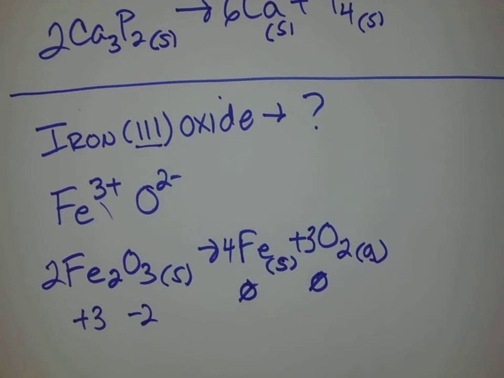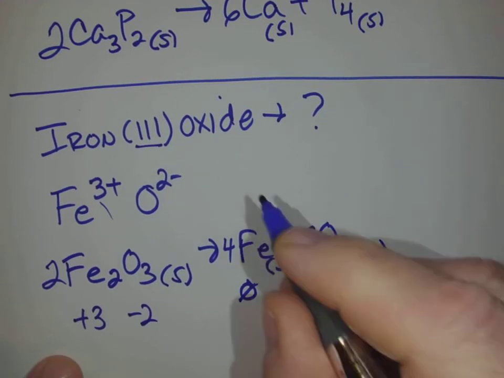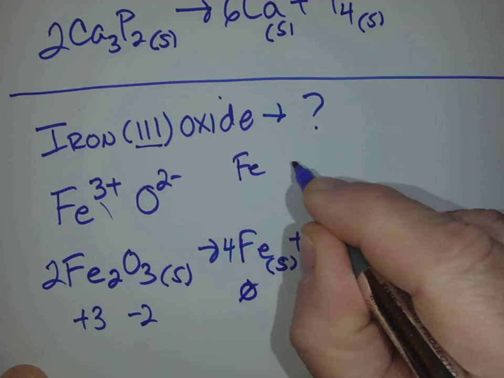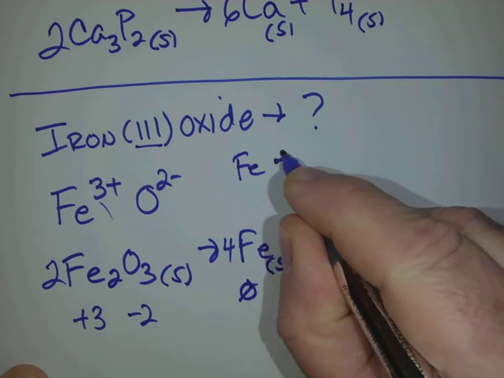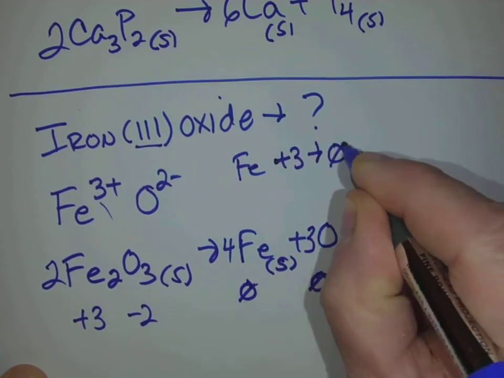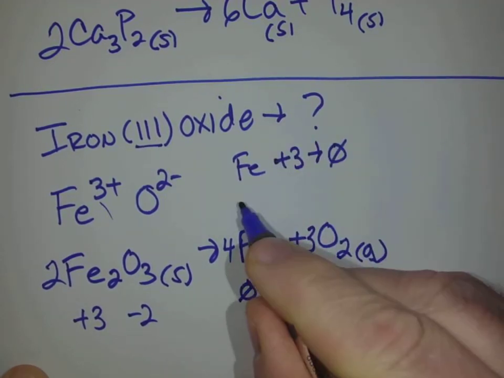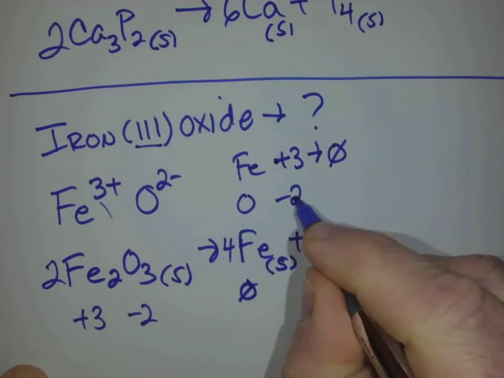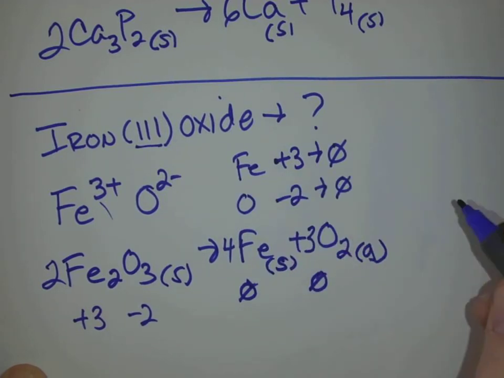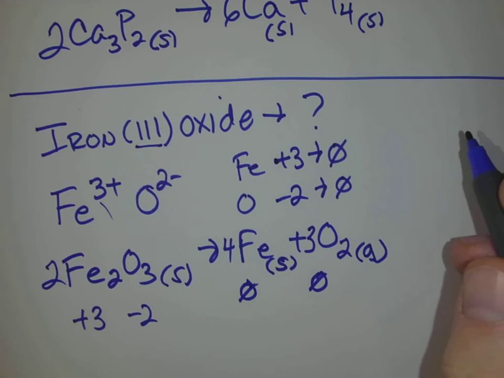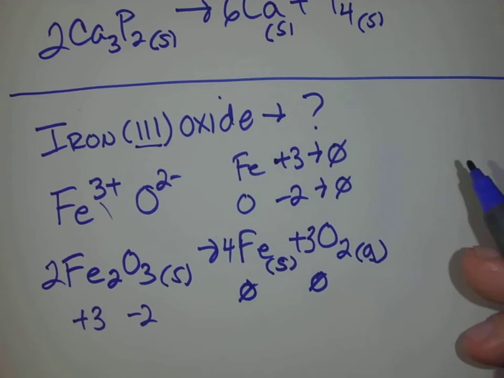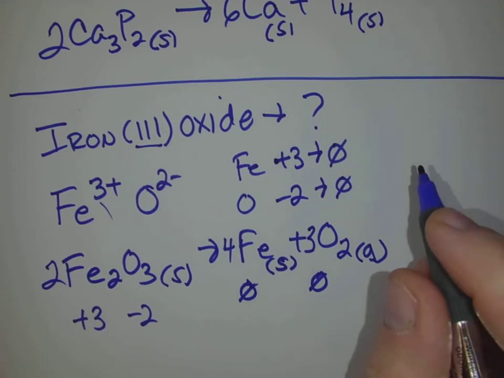Oxygen is 2-. So iron is going from a +3 to a 0. Oxygen is going from a -2 to a 0. So remember, oxidation is loss of electrons. Reduction is gain.